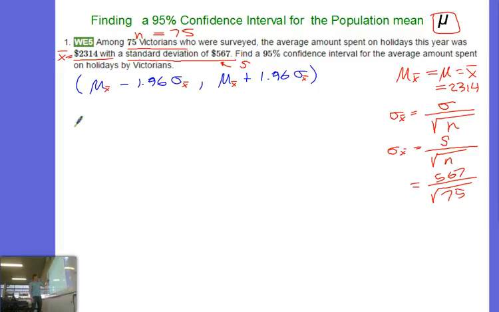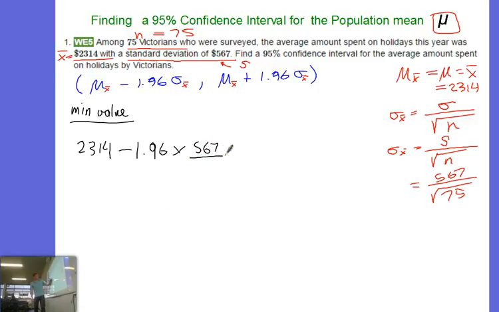So we've got to work out the minimum value of this confidence interval. The minimum value is the first one, where we subtract 1.96. So we get the mean, which is 2314, subtract 1.96 times the standard deviation of the distribution, 567 on the square root of 75.